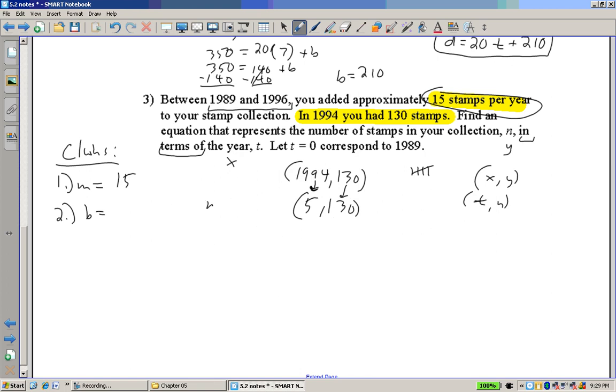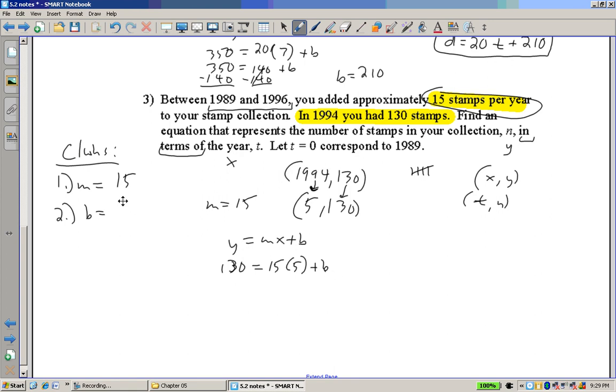All right, now we've got m is 15. We've got our value here, 5, 130. And now we're simply going to plug this in. Y equals mx plus b. So y is 130, m is 15, x is 5. And b we're not sure about.